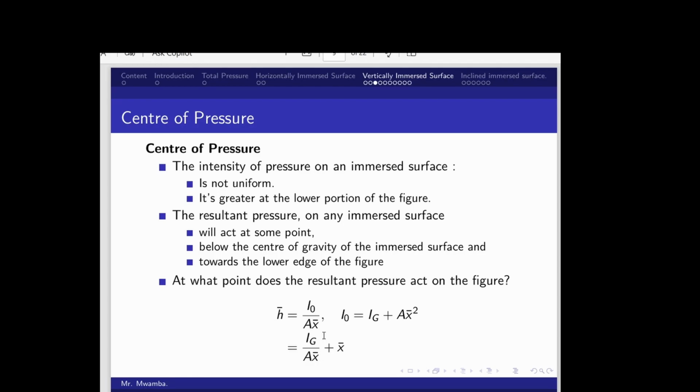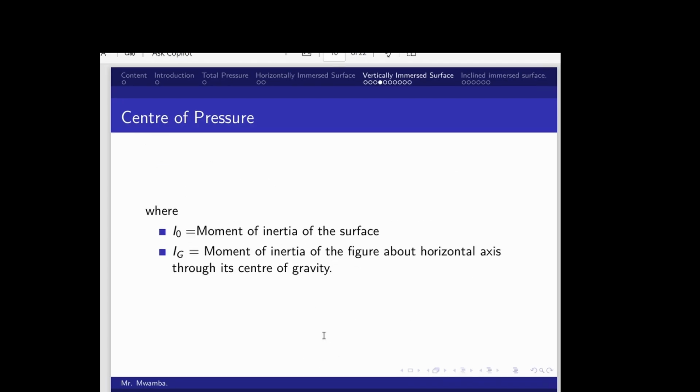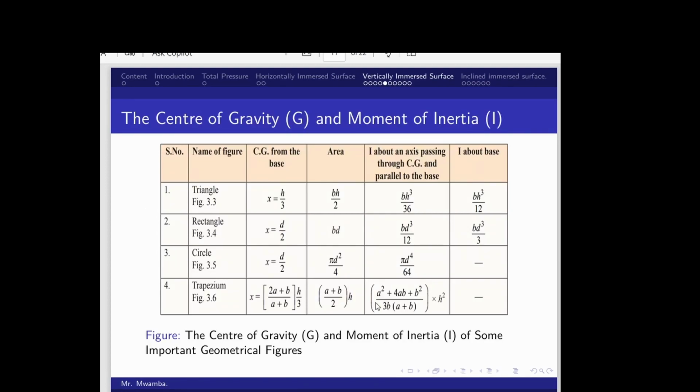Now, this moment of inertia differs according to the shape of an immersed object. When you look at this table, let's look at the second row, where we have a triangle.